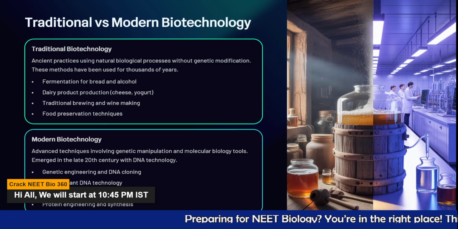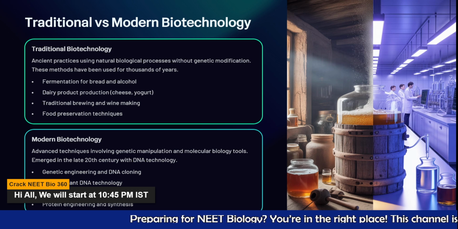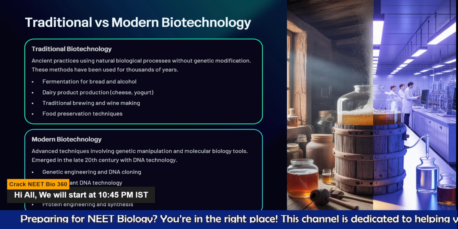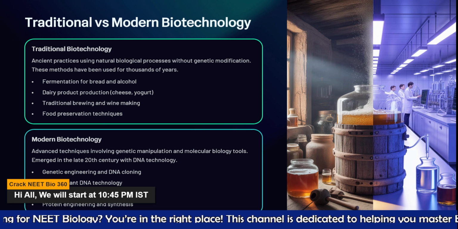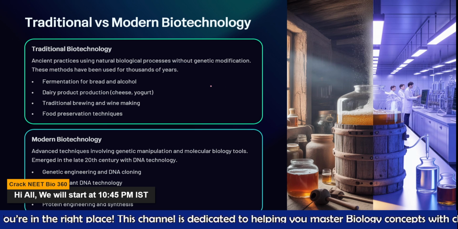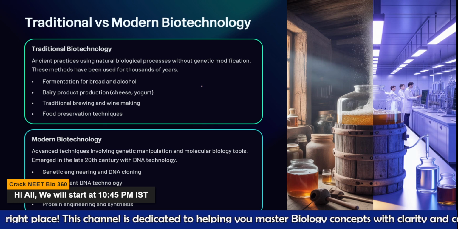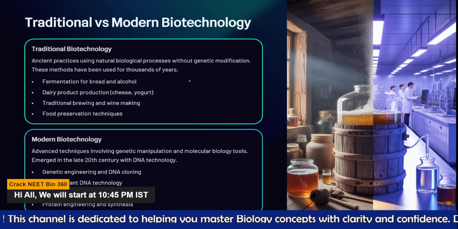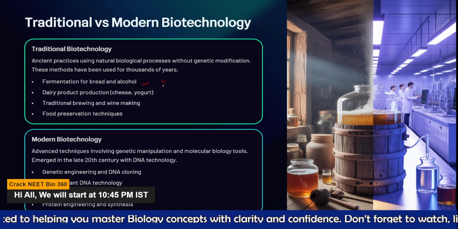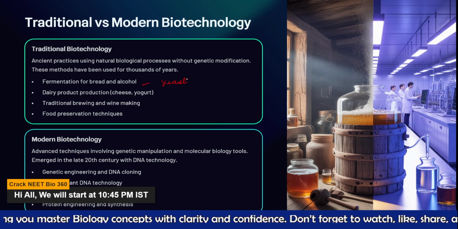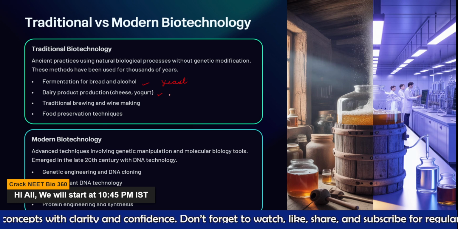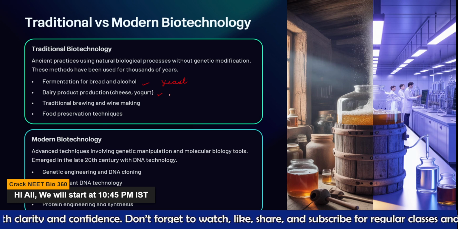Okay, so when you compare traditional technology and modern biotechnology, in traditional technologies we were using microorganisms, like in the fermentation of bread and alcohol. There we use yeast and all, and dairy products, cheese, yogurt, other microorganisms we are using, right?